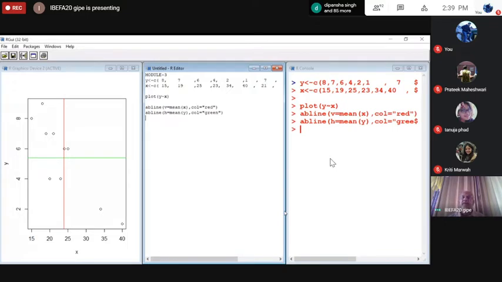Right side, we have very few points, and the right side of the red line means more distance of the customers from the shopping center. And this says the variables are negatively correlated.